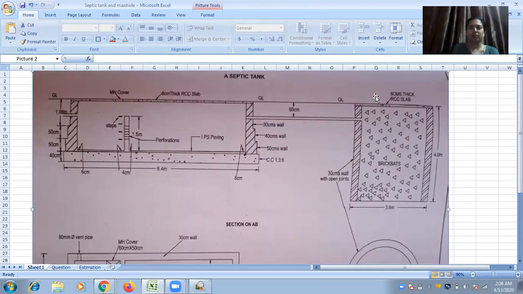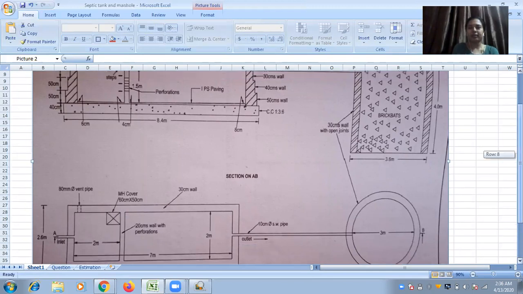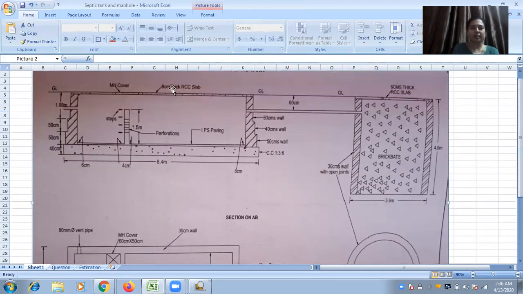You have two slabs, one for the soak pit and another for the septic tank. You can observe the septic tank roof slab is covered till the third step of brick wall. That means our length in this direction will be 7 plus 0.3 plus 0.3, and in another direction 2 meter plus 0.3 plus 0.3. And thickness will be 8 centimeter, that is 0.08 meters.